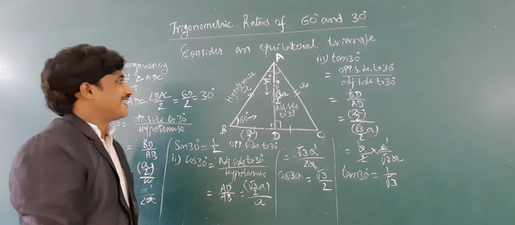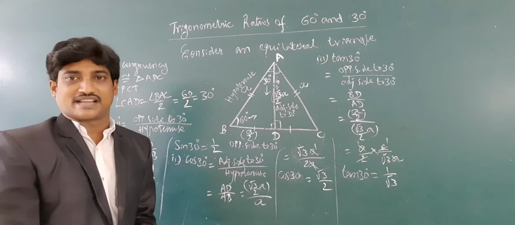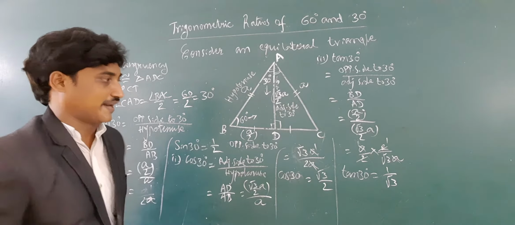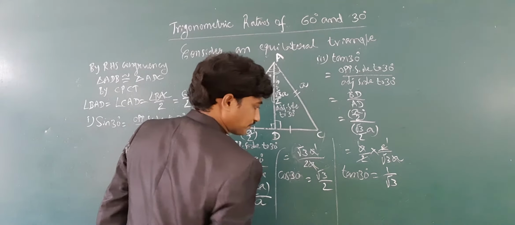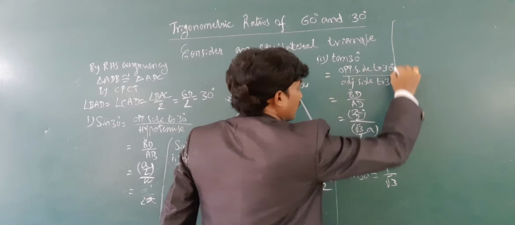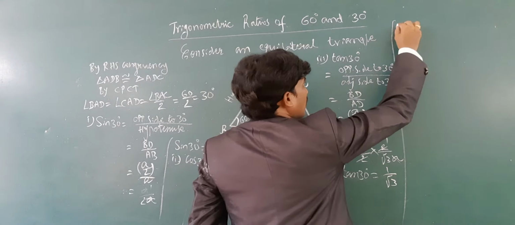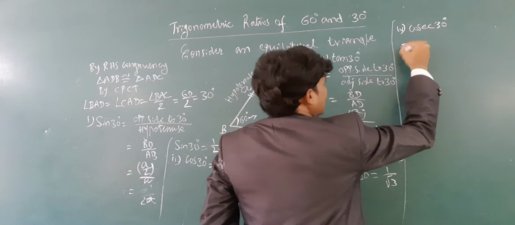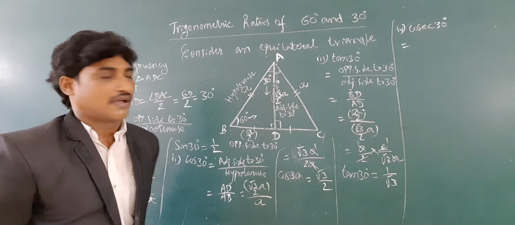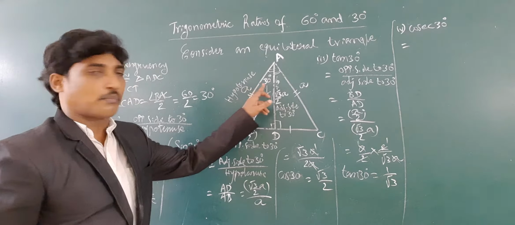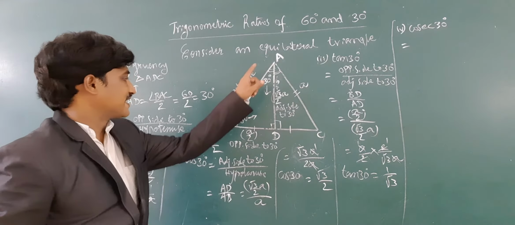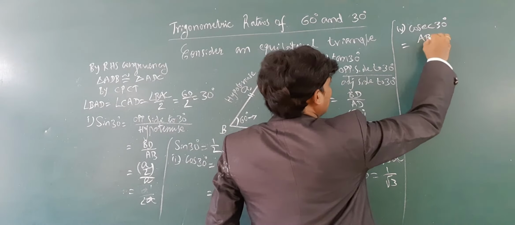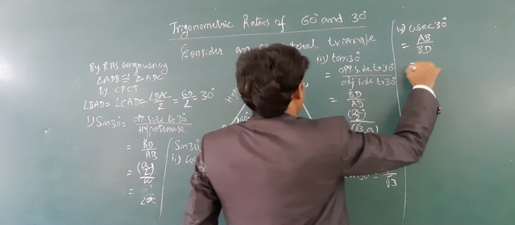Now let us find cosecant 30 degree, secant 30 degree and cot 30 degree. Fourth one, cosecant 30 degree. Cosecant 30 degree is hypotenuse by opposite side to 30 degree, that is AB by BD.